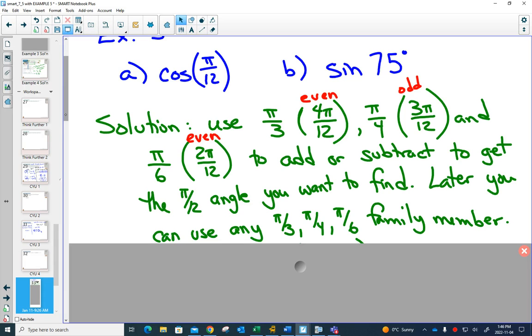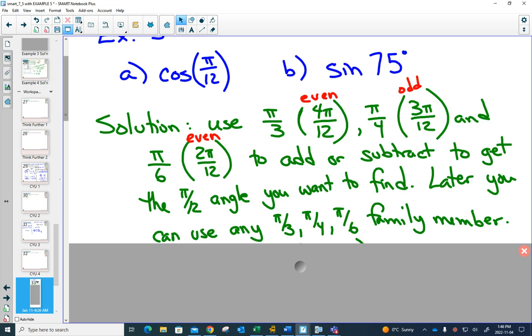Can you see two different ways that you could subtract to get pi over 12? I could take two of those and subtract and get pi over 12. You see that you could take pi over 3 minus pi over 4, or 4 pi over 12 minus 3 pi over 12 would be 1 pi over 12. Or you could take pi over 4 and pi over 6 and subtract.